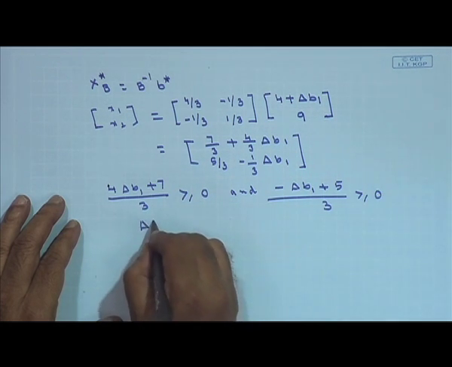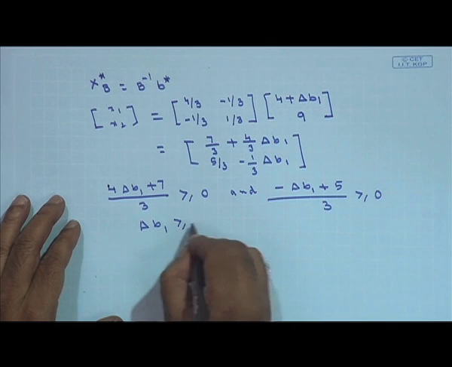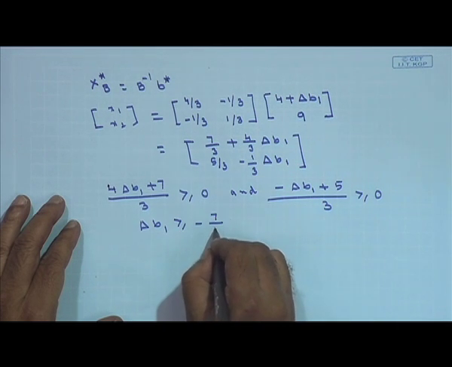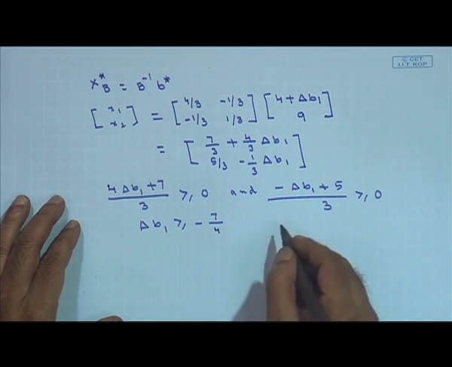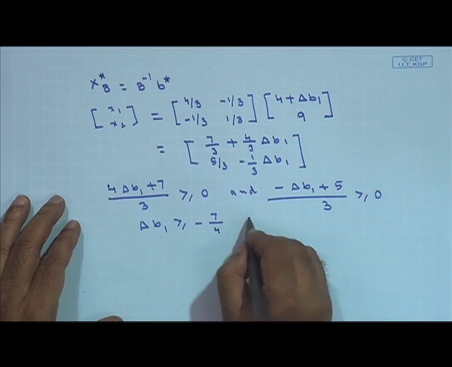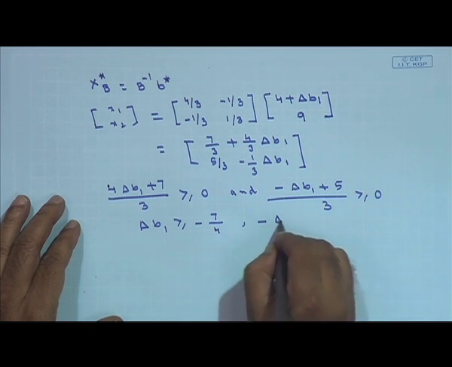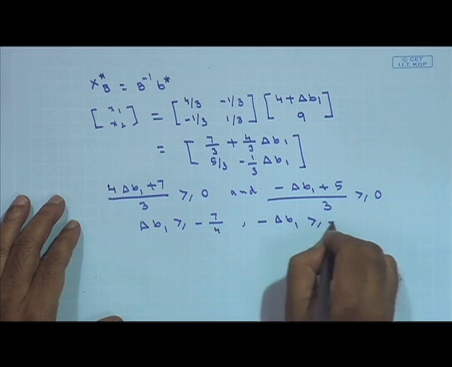So, from here you are getting delta B1 is greater than or equal to minus 7 by 4, and this one is minus delta B1 is greater than or equal to minus 5.